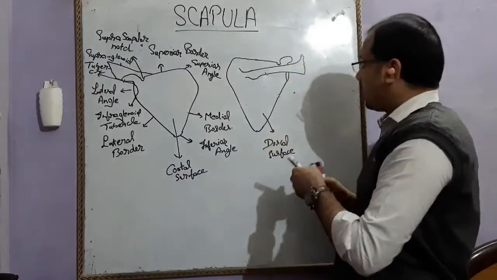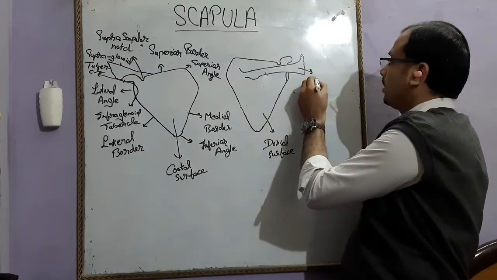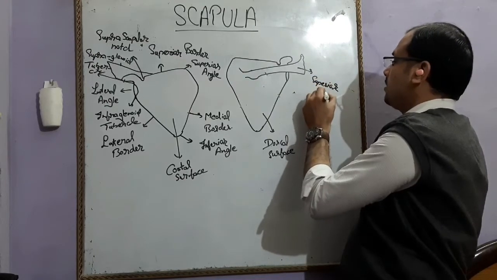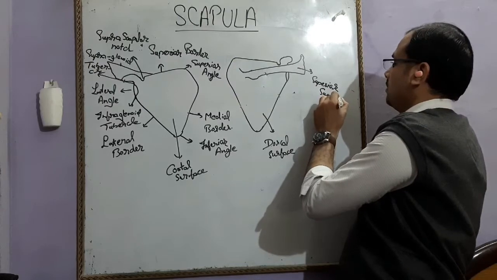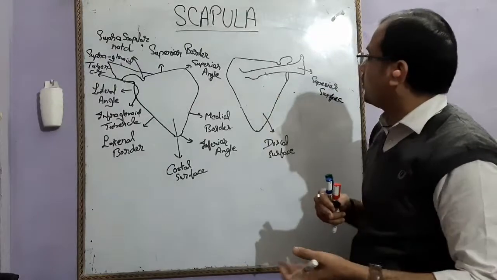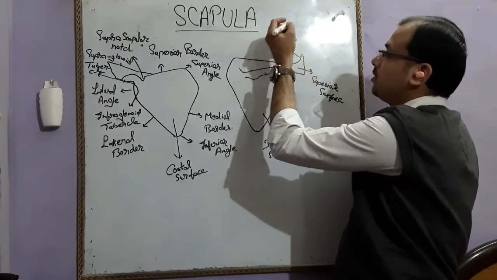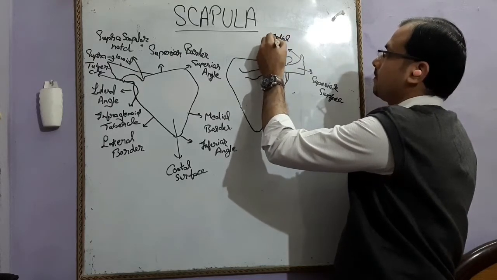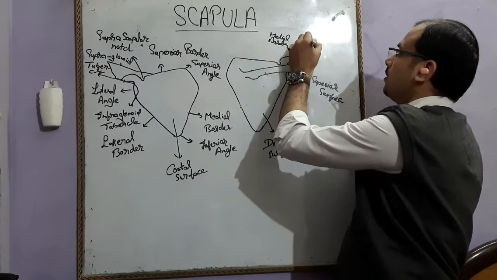The two surfaces are the superior surface, which is subcutaneous, and below it, just opposite, the inferior surface. The two borders are the medial border and this one is the lateral border.